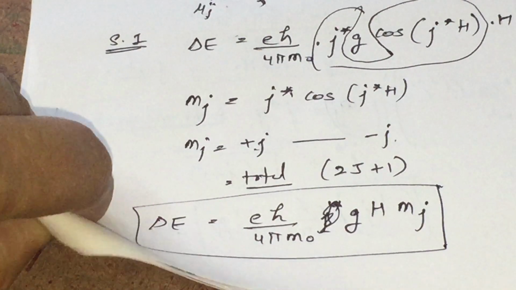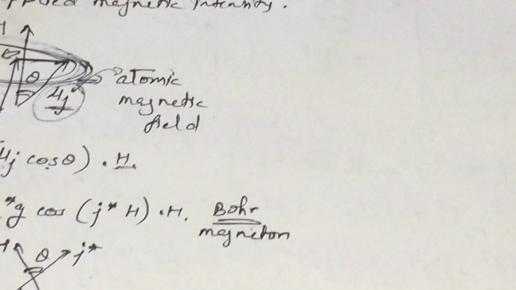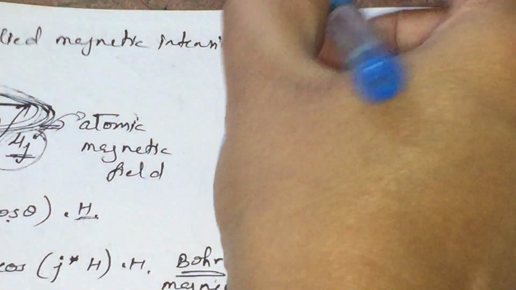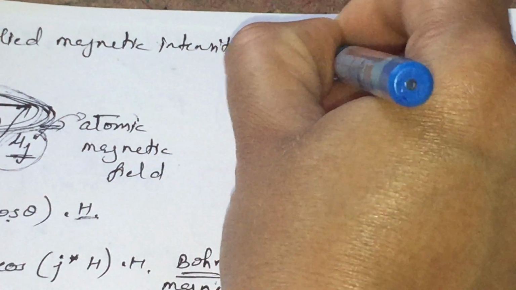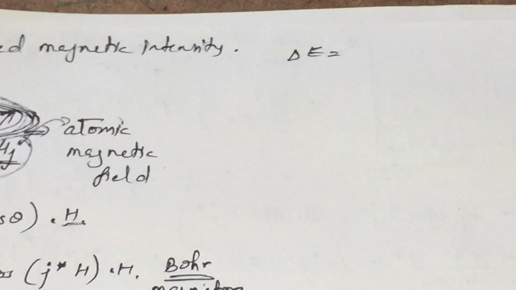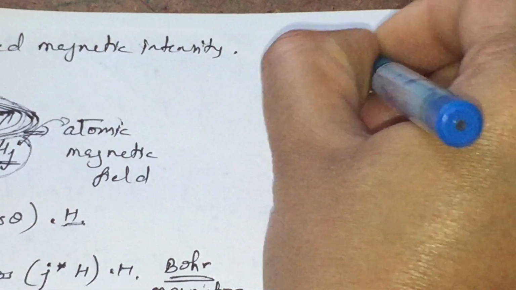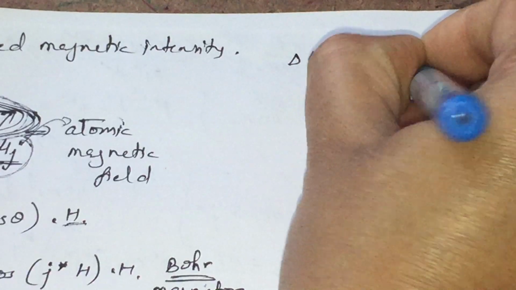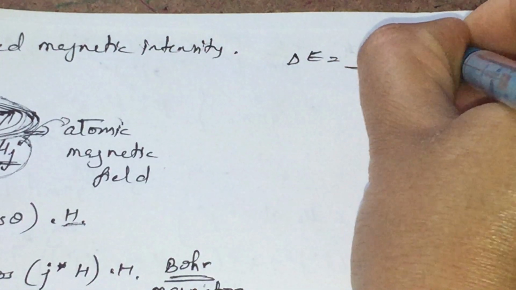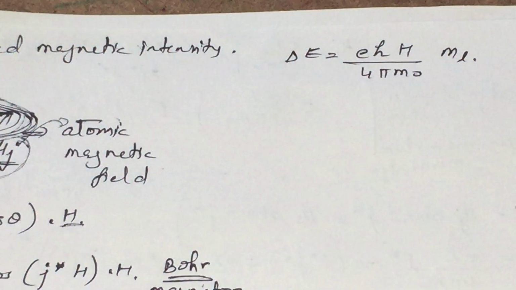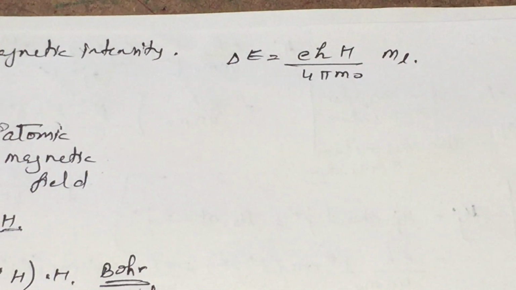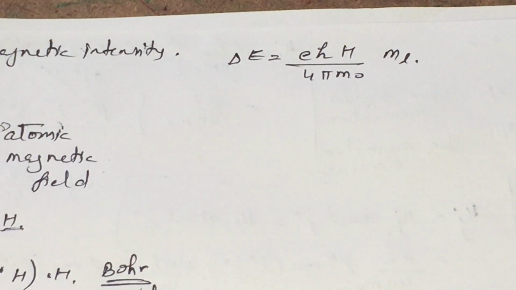If you recall the normal Zeeman effect, in normal Zeeman effect we considered the result eh upon 4 pi m naught with the orbital magnetic quantum number.